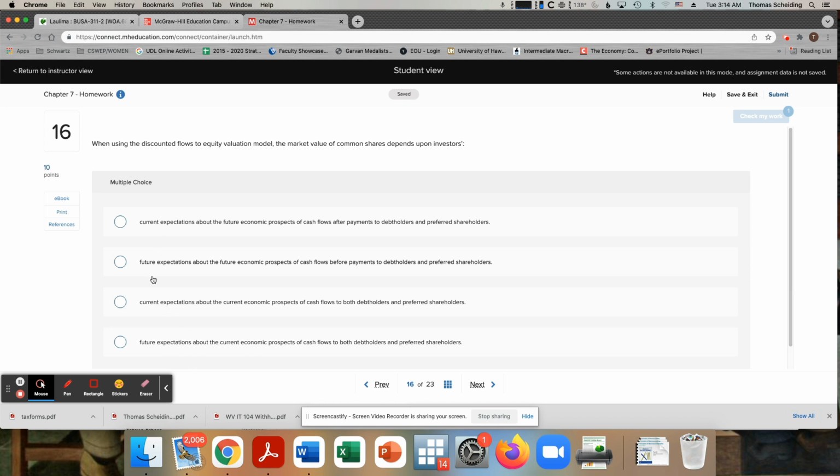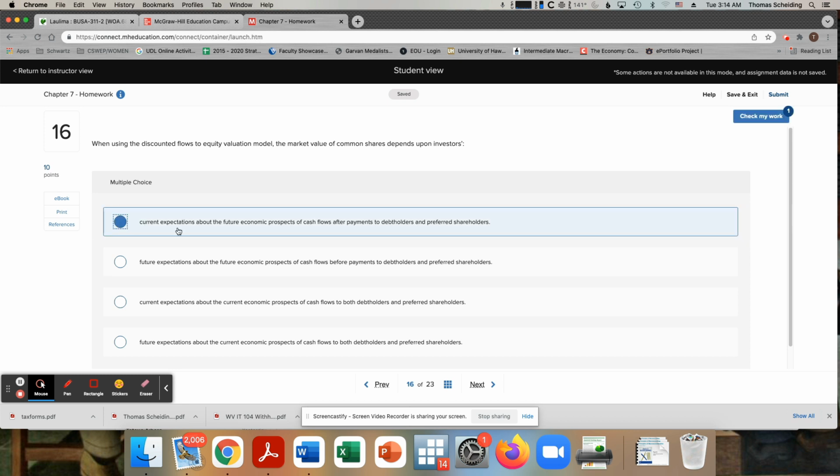It is about current expectations, but it's not before those payments. It's after the payments are made. And it's just definition. It's about current expectations, not future.